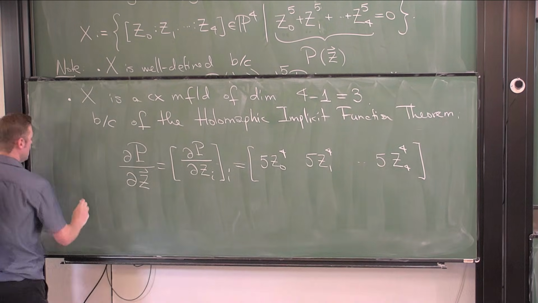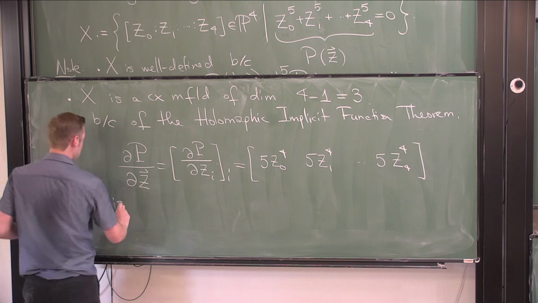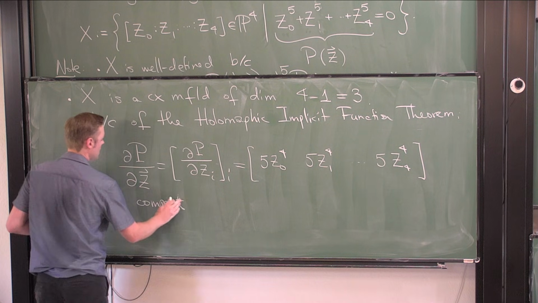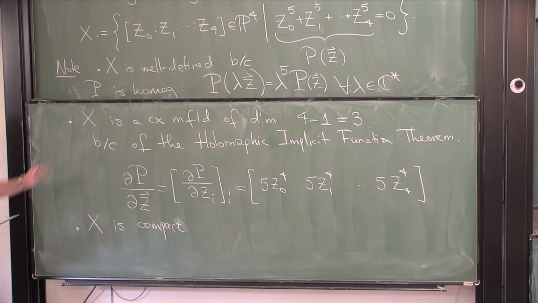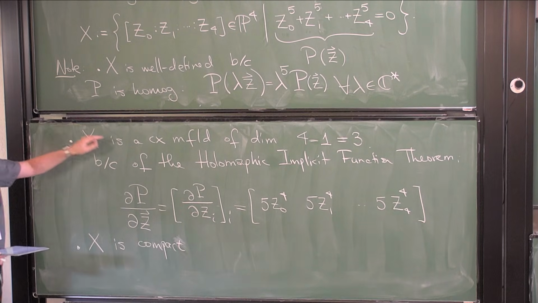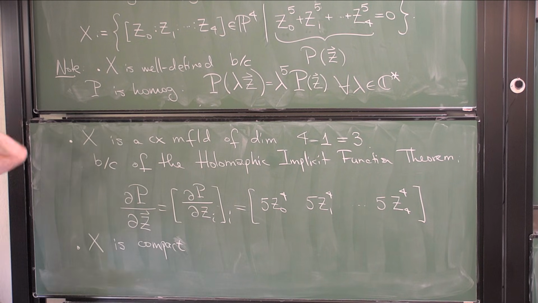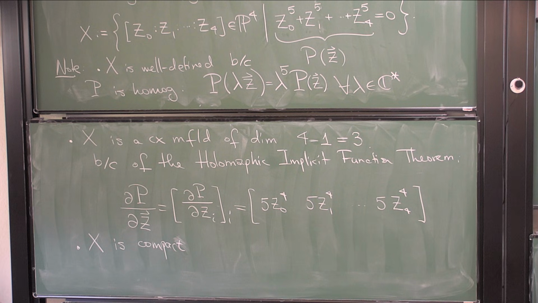Right. Okay, and last thing that maybe I'll mention is that X is obviously compact. Why is it compact? Well, it's a closed subset of a compact space. P to the 4 is a compact manifold, which admittedly I haven't proved or explained, but we saw it in the case of P1, so it is believable.